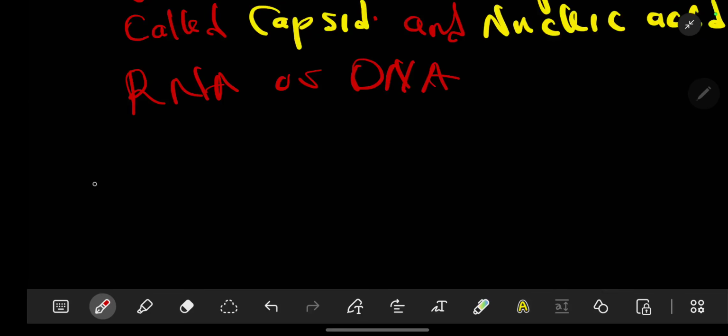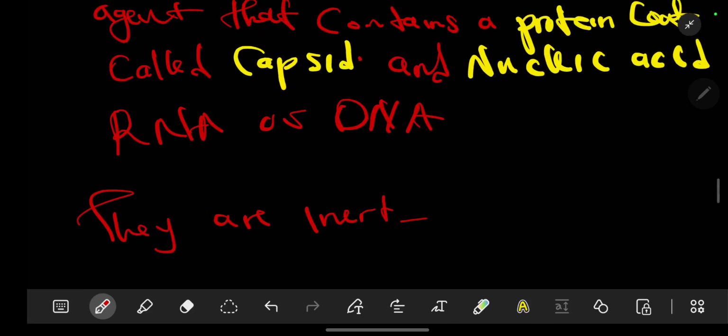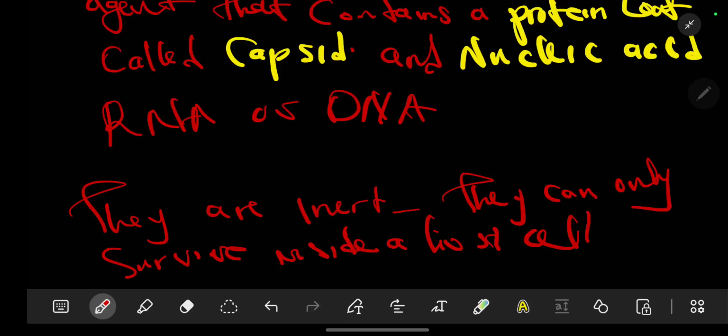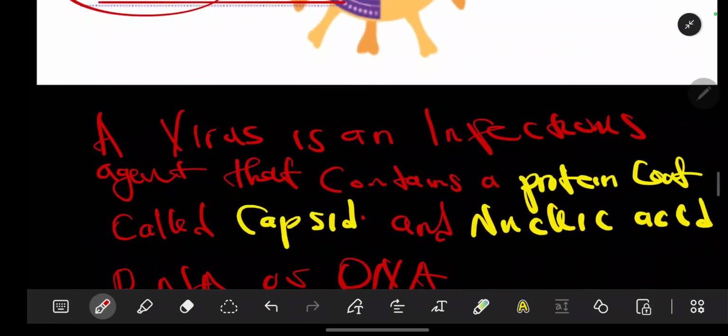Other characteristics of viruses is that they are inert, meaning they can only survive when inside a host cell. By definition, remember, the virus is not a living thing. That's why we are saying it is an infectious agent. So it is not a living thing.